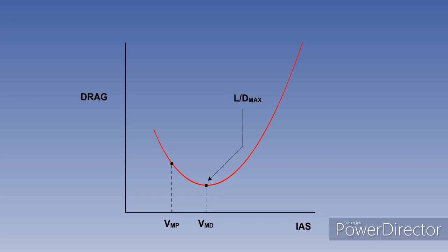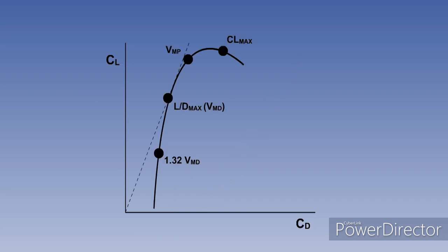As shown in the graph on the screen, VMP is a lower IAS than VMD. Wind speed and direction have no effect on the rate of descent. One way of portraying the relationship of VMP and VMD is shown in the diagram on the screen, which is known as the whole aeroplane CL/CD polar curve.